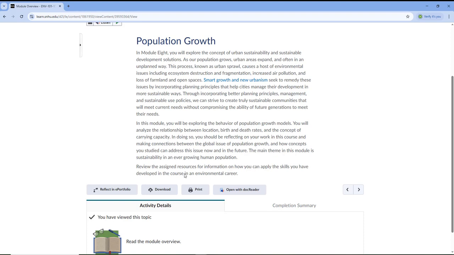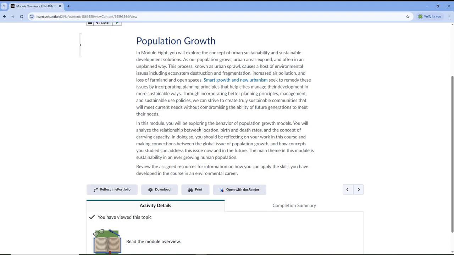These new urban planning principles can allow for urban sprawl and urban development, but in a more sustainable way. You'll explore some of that in your chapter readings this week.